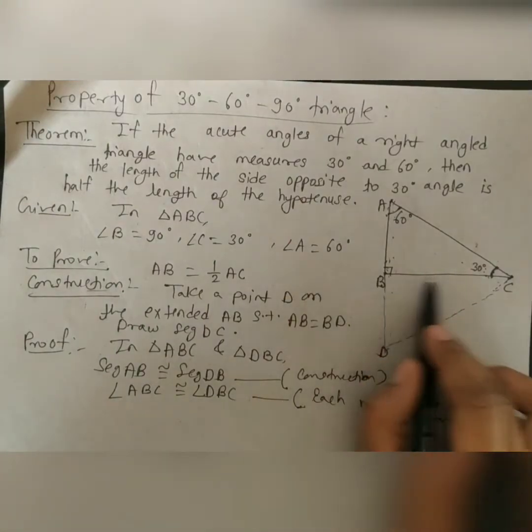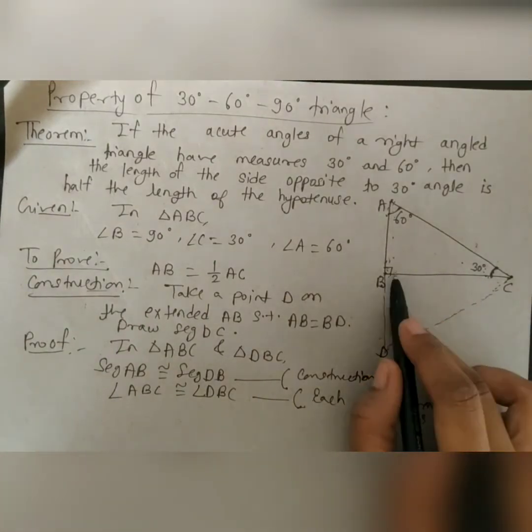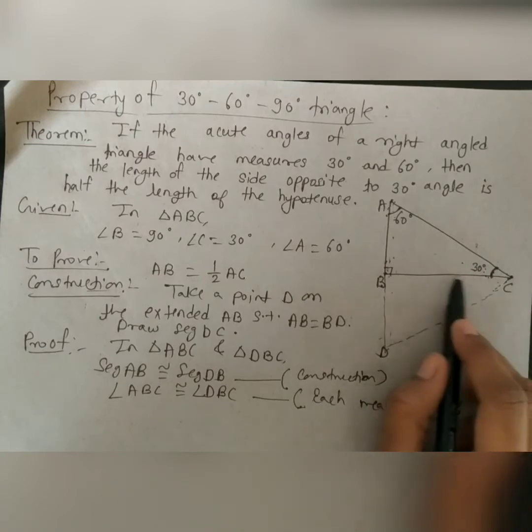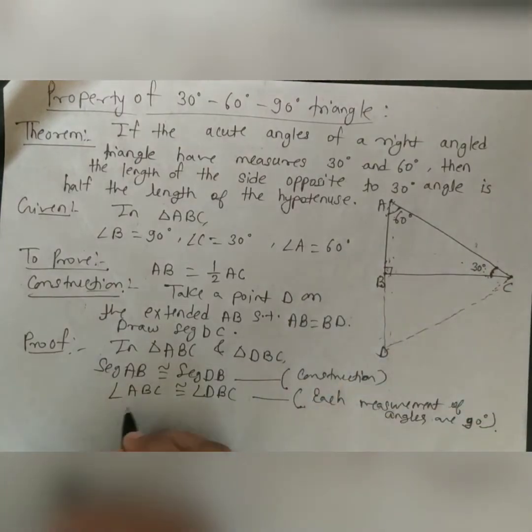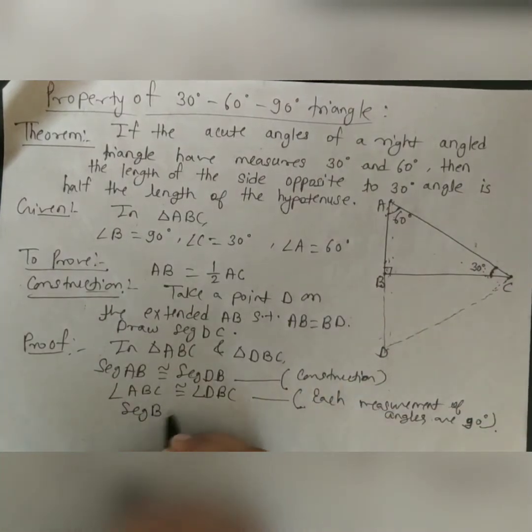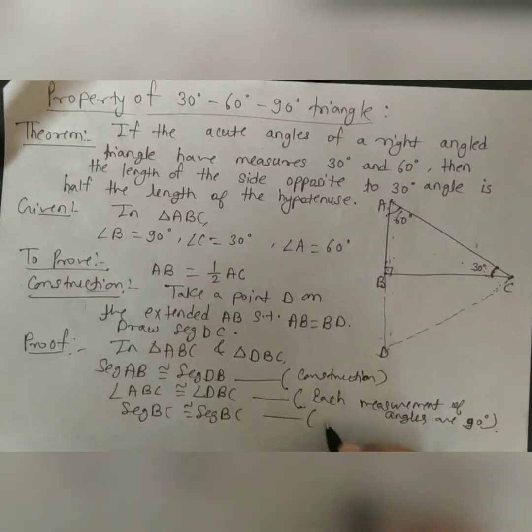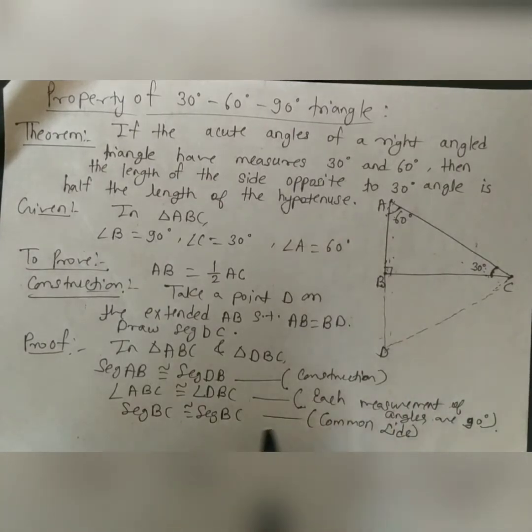Next, segment BC is congruent to segment BC. What is the reason? The reason is the common side. This is the common side of the triangles.